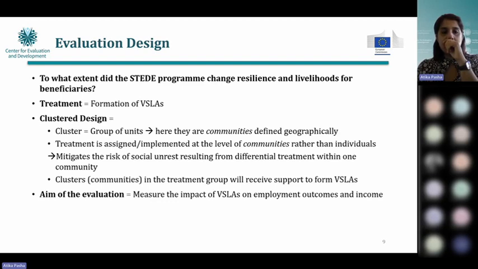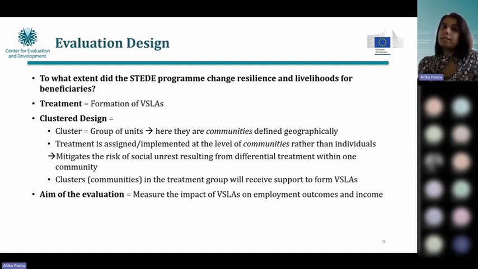This was covered largely in years 1 and 2, and for our CIE we went with a cluster design. And the cluster here is always a group of units, in this particular case, communities. And what we were doing is assigning treatment not to individuals, which was what I showed you when we were doing the random lottery design, where it was always individuals. In this particular case, we were talking about communities.